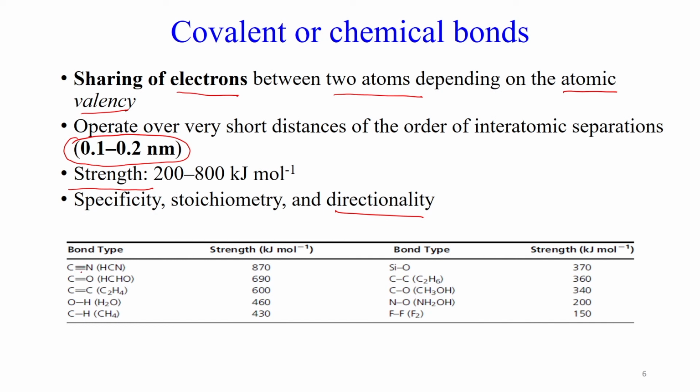Obviously, if you go for the triple bond, it is going to have more strength as compared to the double bond and single bond. If you see the whole range, it starts from close to 150 or 200 and goes to 870 or 800. So, this is a very strong bond, the covalent interaction.